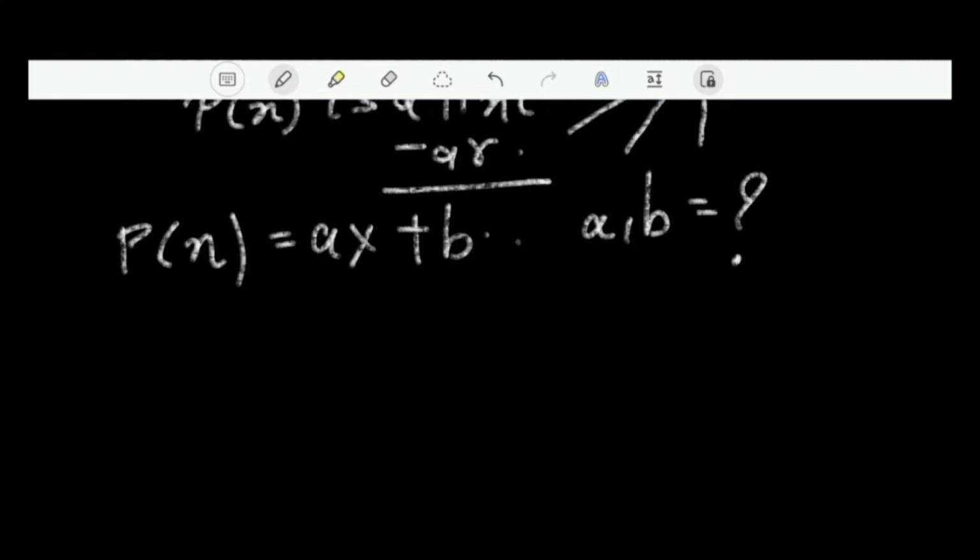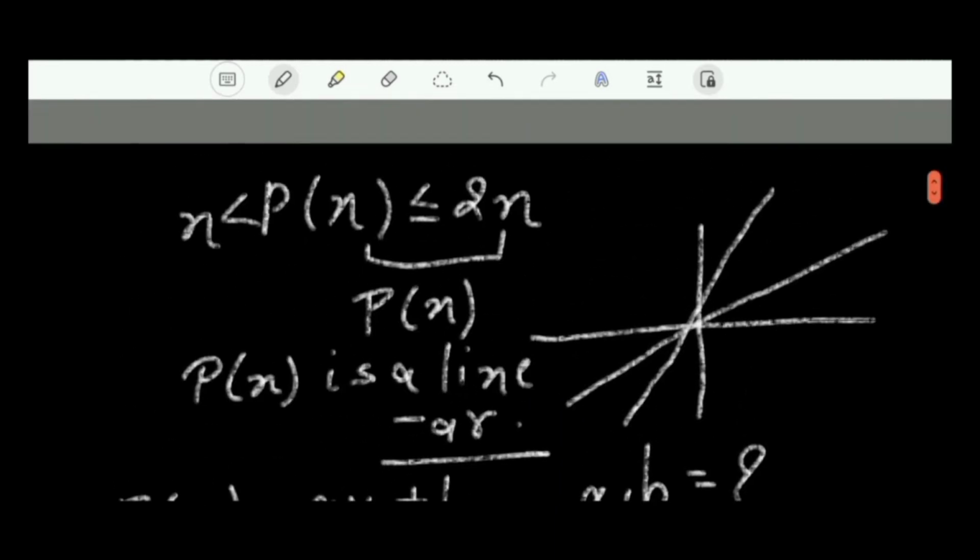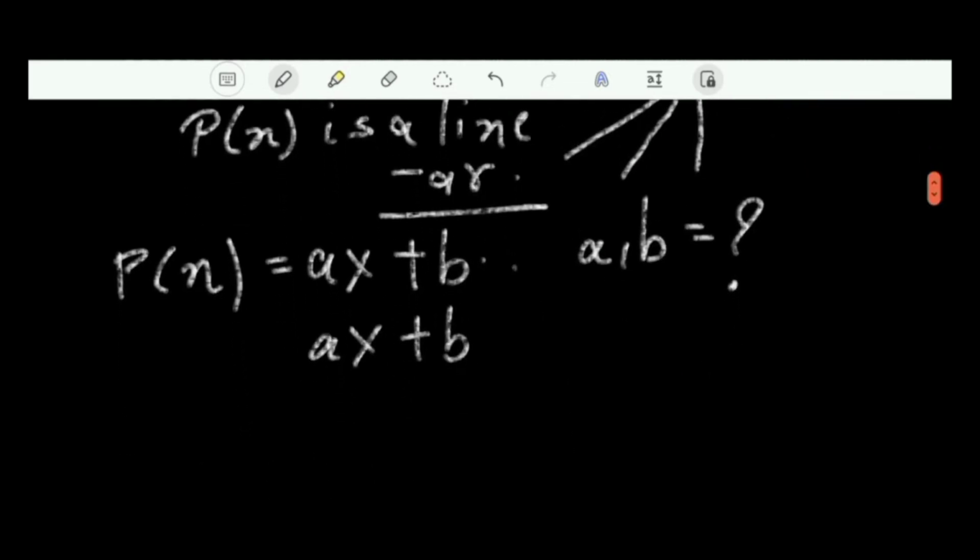Now if we replace P(x) with its linear version, then we can simply say ax plus b is smaller than or equal to 2x.